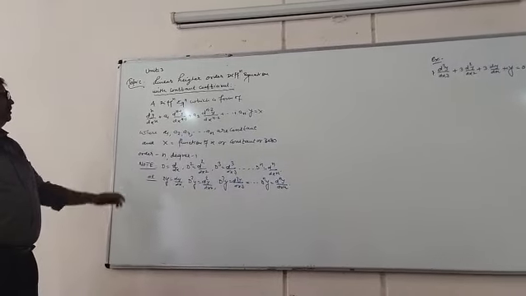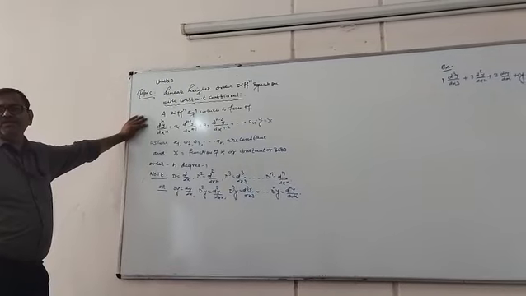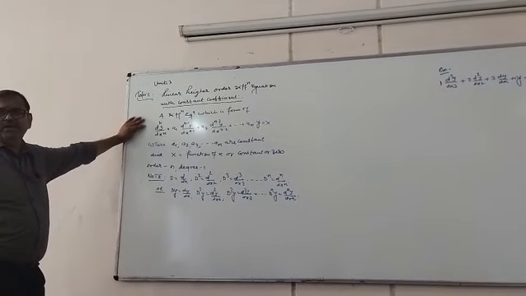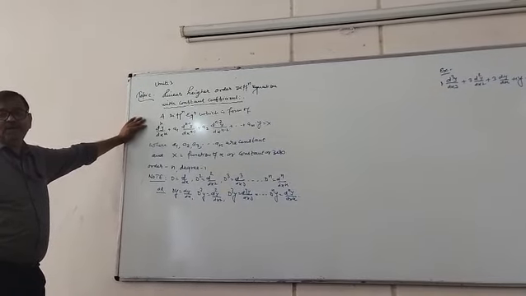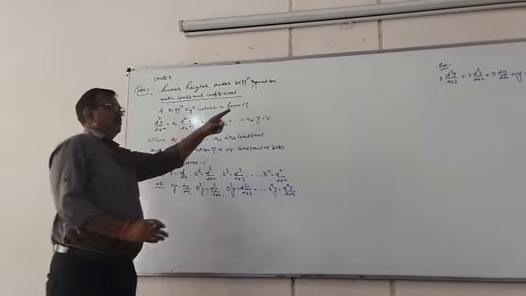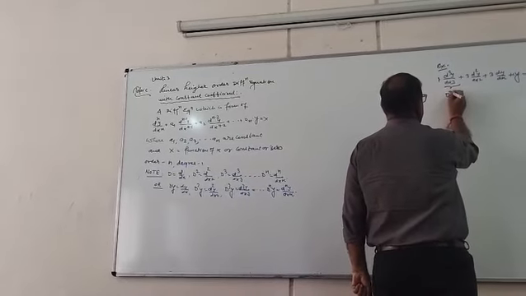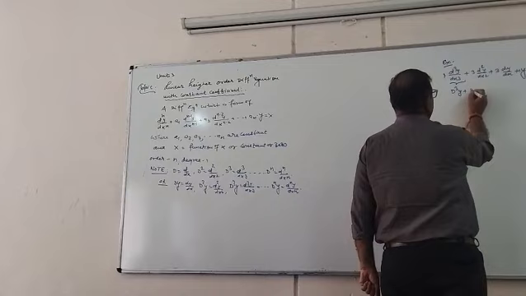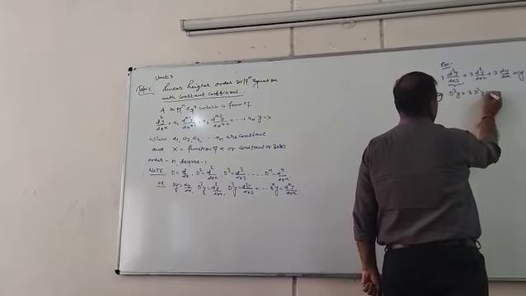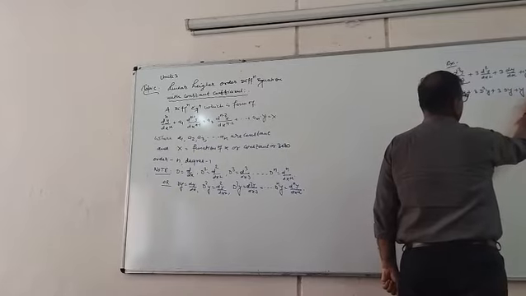So first, the linear higher order differential equation with constant coefficient, we convert in capital D. For example, here we can write this as D cube y plus 3 D square y plus 3 Dy plus y equal to 0.